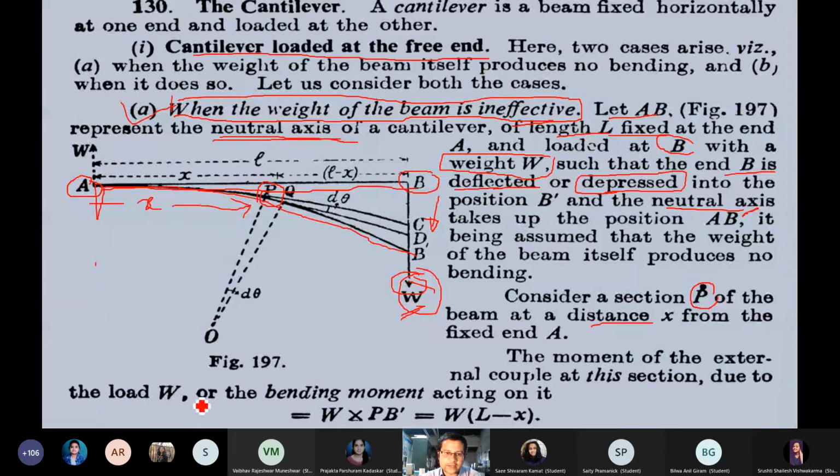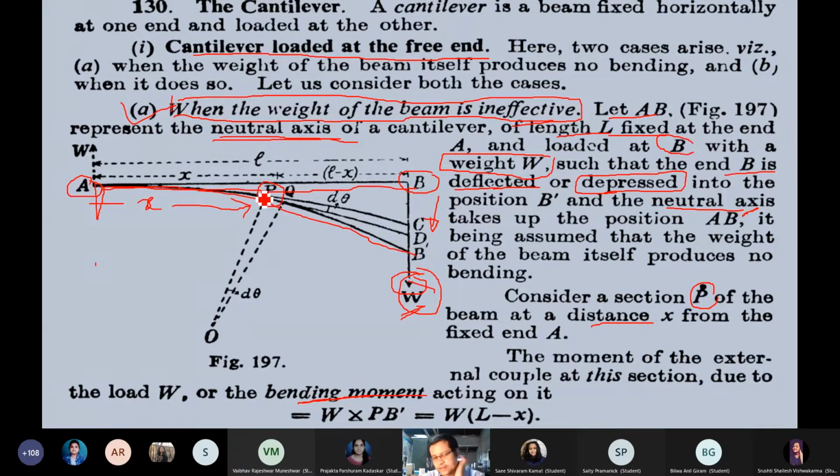So how do you calculate it? Yesterday we saw the formula for the bending moment acting on this length. The total length is L, and this section got bent, so the remaining portion has this bending moment.